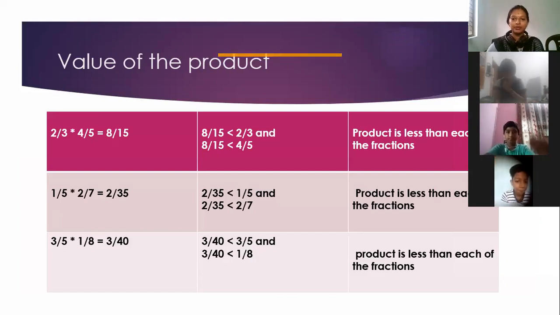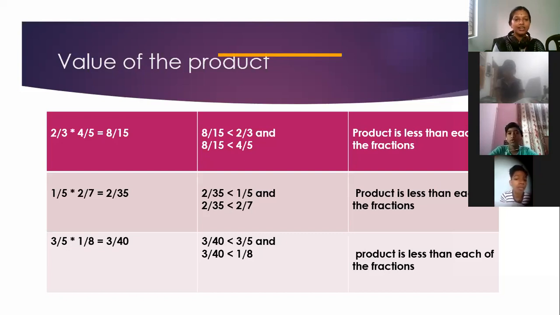Can you see the table? In the first row, there is a multiplication of two fractions, that is 2 by 3 into 4 by 5. We know that the product of 2 by 3 and 4 by 5 is 8 by 15. That's given in your textbook, is it?